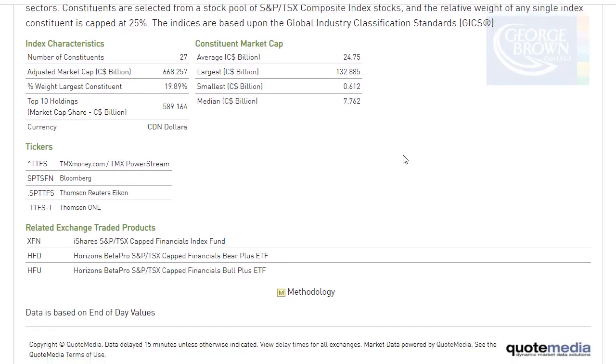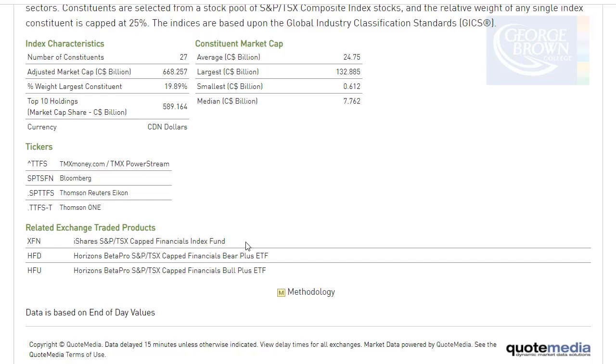And so the important thing to understand is that there can be exchange-traded products. These are mutual funds that trade on the exchange that track and replicate the performance of the index. And sometimes that's a good place to get more information with regards to the index. So in particular, I'm looking at this one here, the iShares S&P TSX Cap Financials Index Fund. The ticker symbol is XFN.